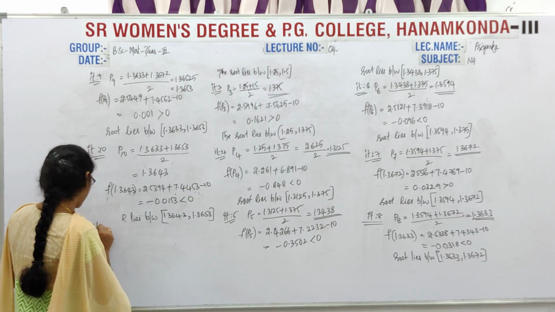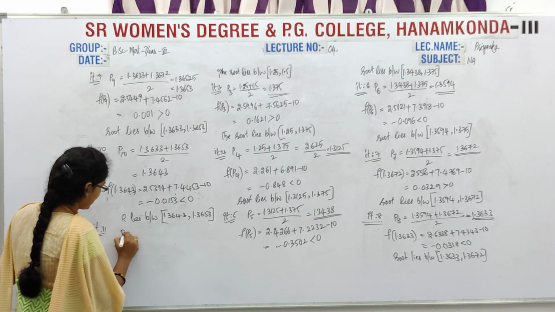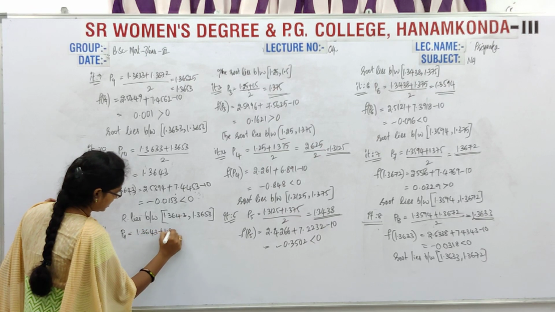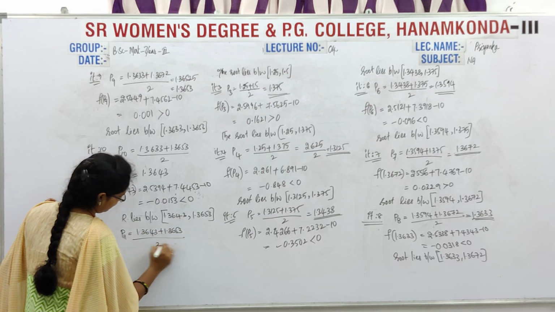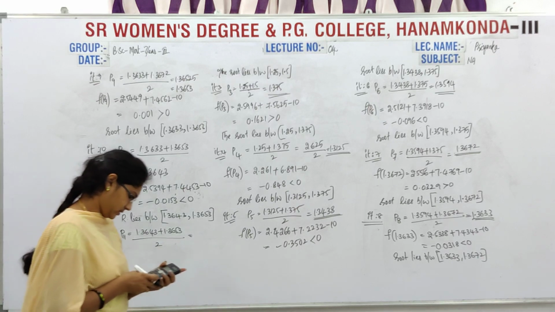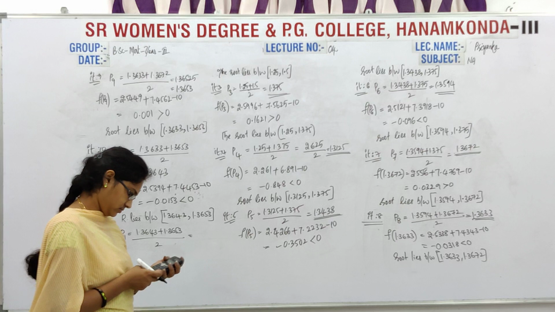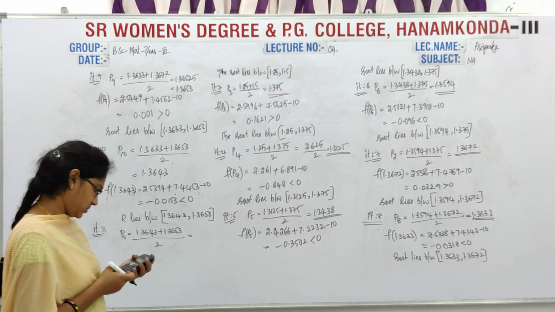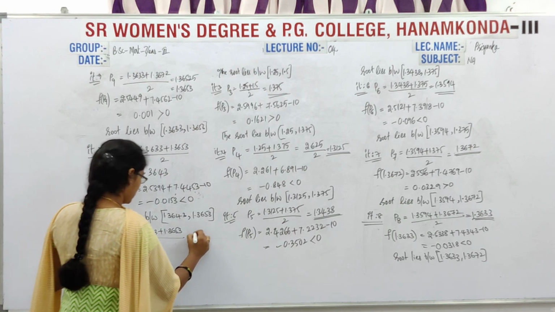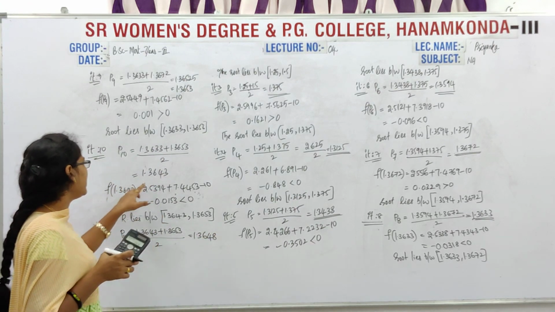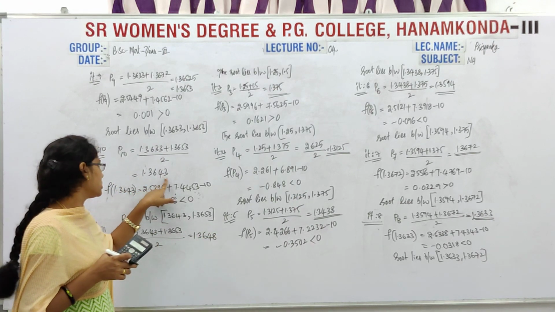Now I am going for the next iteration, 11. Next P11 equal to 1.3643 plus 1.3653, which is 1.3648.